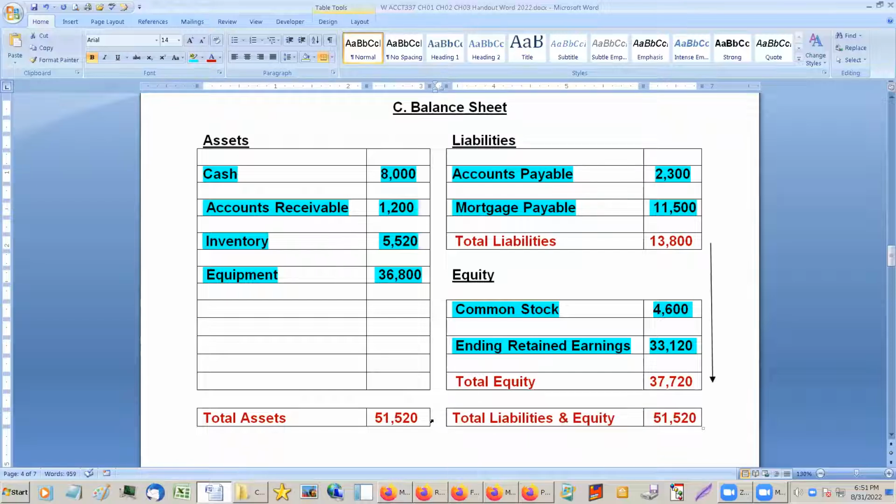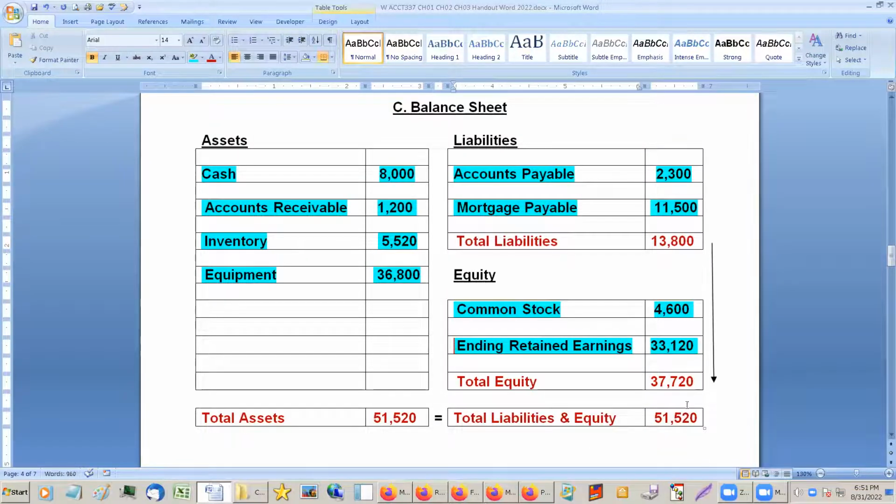So these two should equal, and they do. So how do we get all this stuff? Of the 51,520 of stuff, we borrowed 13,800, and the owners kicked in the other 37,000, so that's where all this stuff came from.